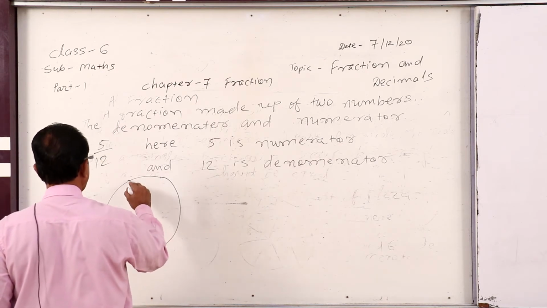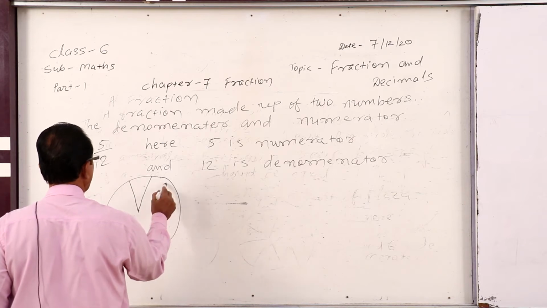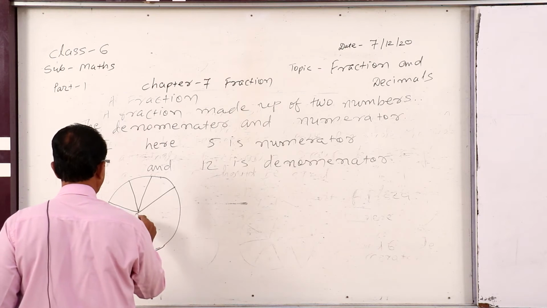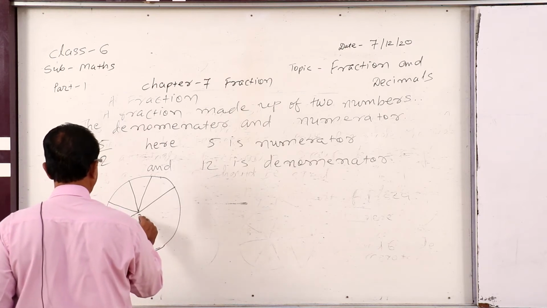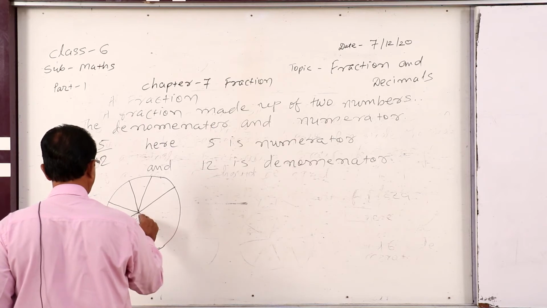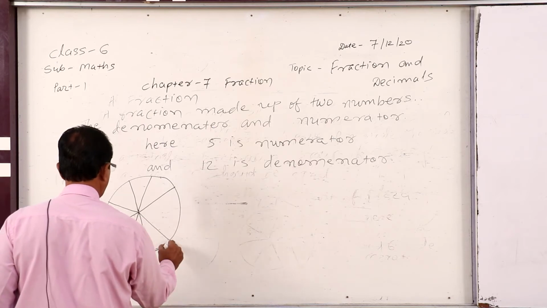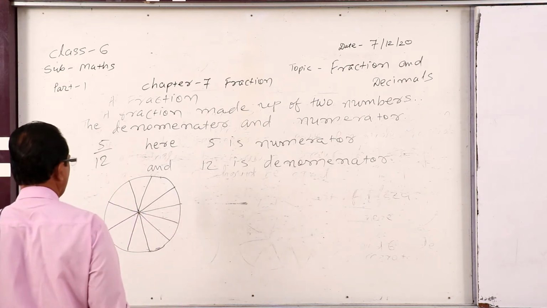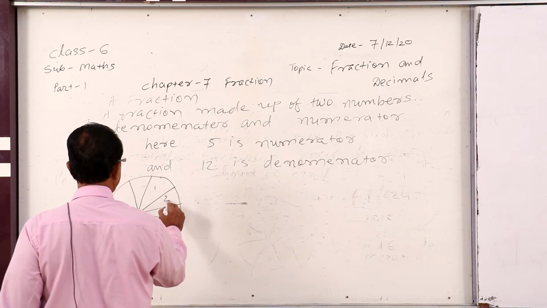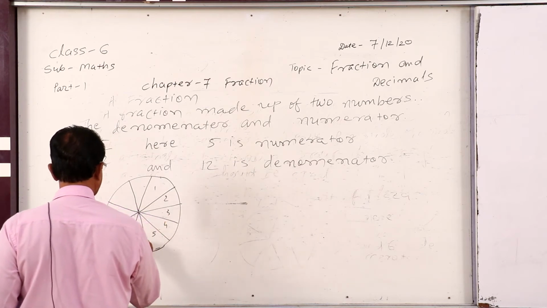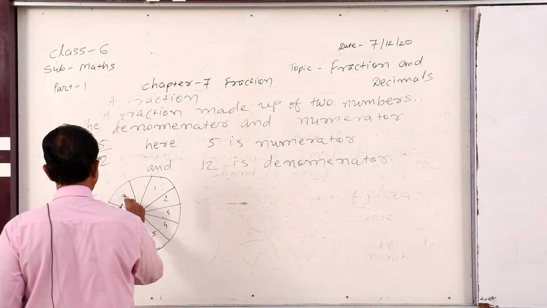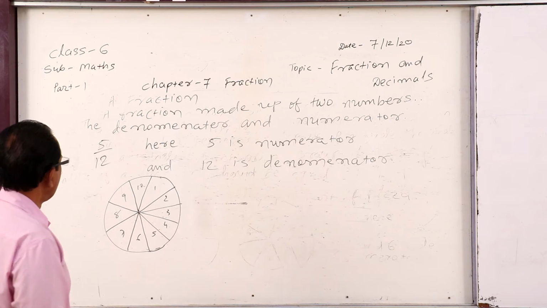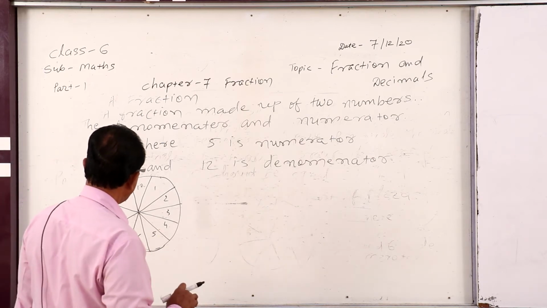It is divided into 1 2 3 4 5 6 7 8 9 10. Okay, total parts I made 10.